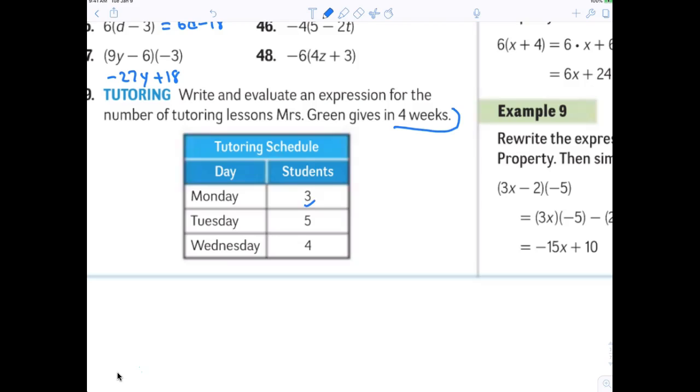So if she does 3 on Monday, 5 on Tuesday, and 4 on Wednesday, that would be for what? 1 week, right? And then you multiply that by 4. Is that what it was? Somebody said 48. Is that correct? 48 lessons. Anybody have any questions for that?